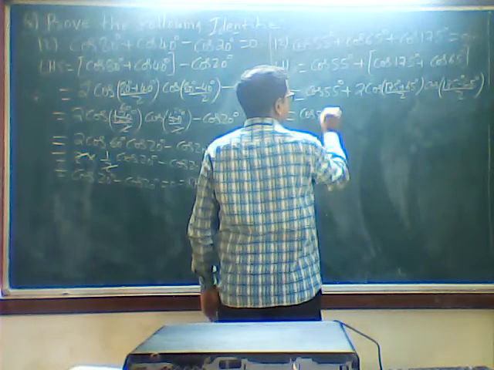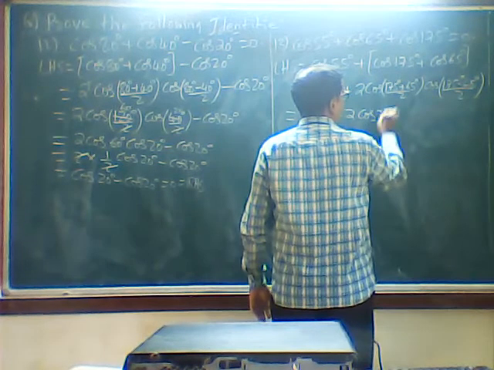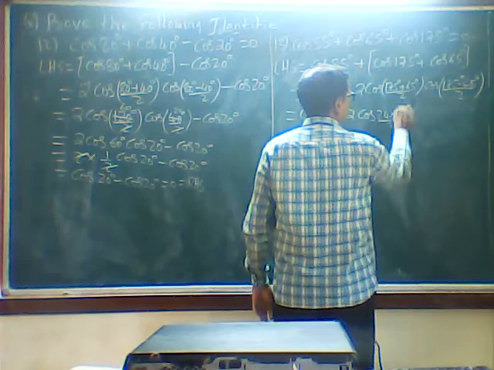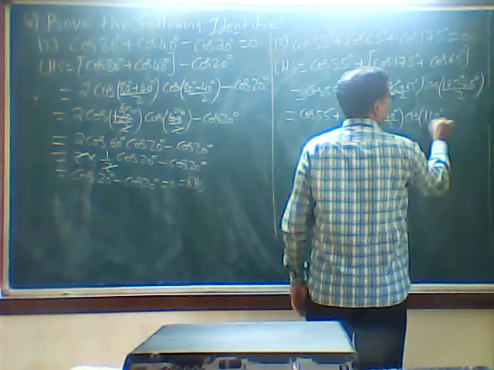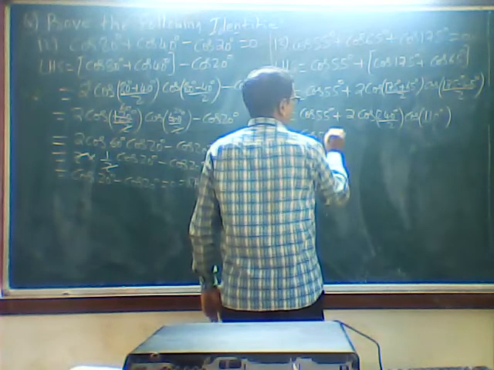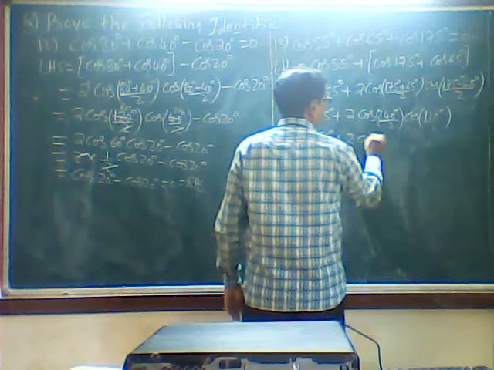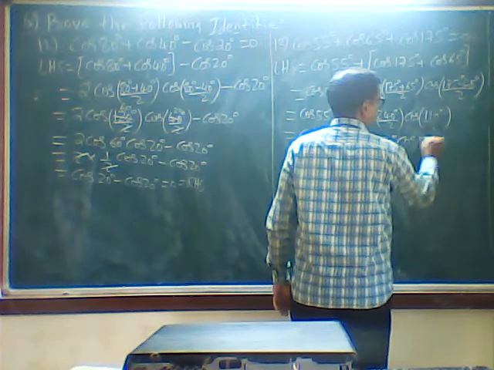Cos 55 degree plus 2 times cos 240 degree divided by 2 into cos 110 degree by 2. So cos 55 degree plus 2 cos 120 degree into cos 55 degree.